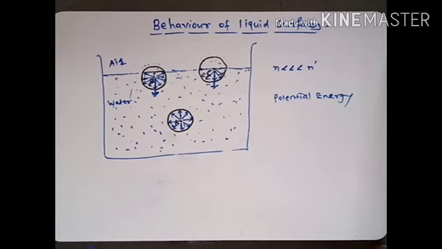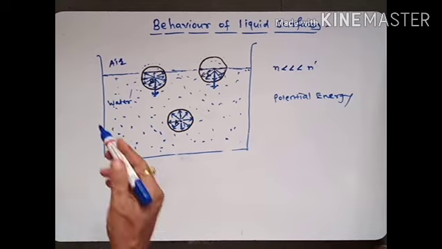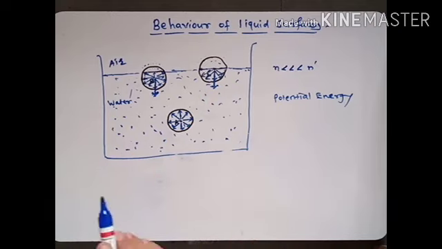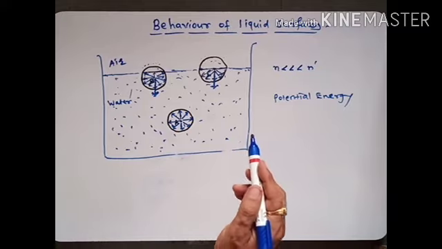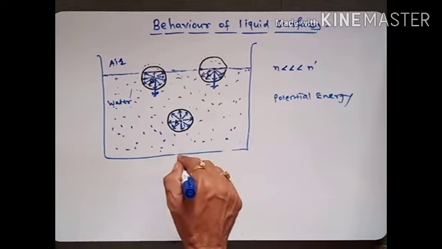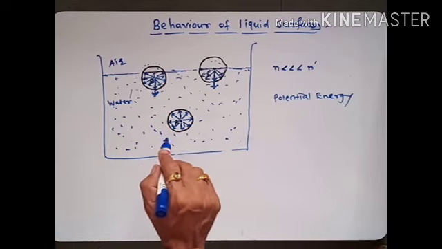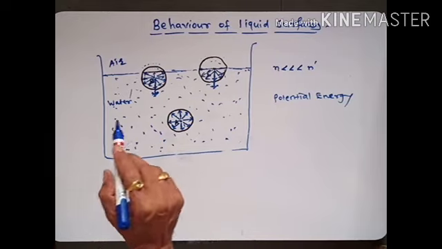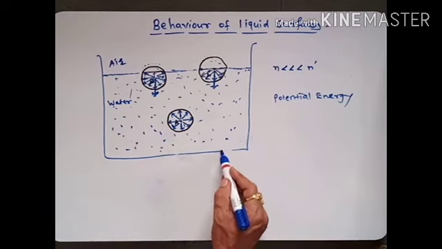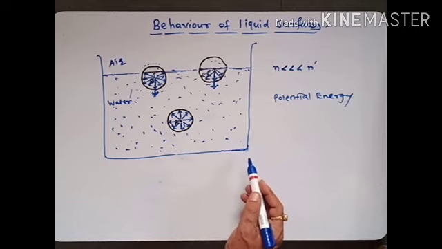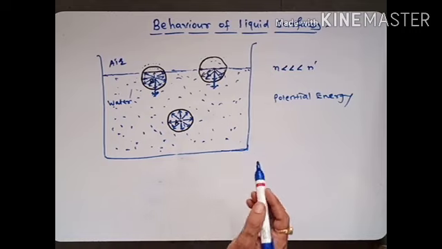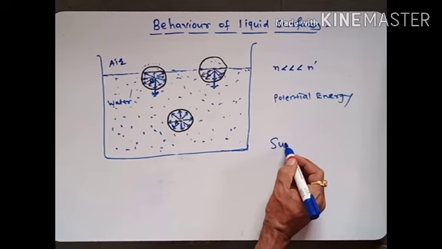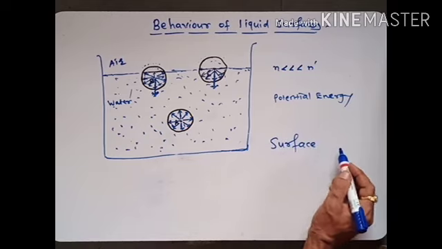And the natural tendency of anything, either liquid surface or any other, is to decrease the PE. That natural tendency to decrease the PE opposes that, and so liquid has a tendency to minimize its surface area, and that tendency we call surface tension.